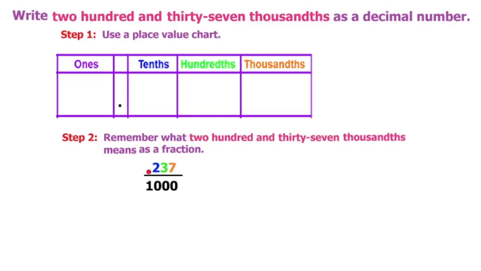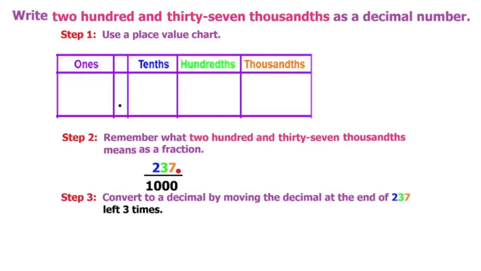So now you can convert to a decimal by moving the decimal at the end of 237 left 3 times. So you would move the decimal that's here, and you would move it this way. And all numbers have a decimal at the end of them, even if you can't see it.